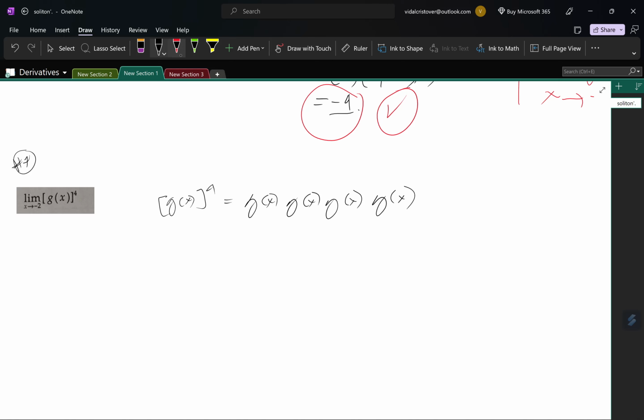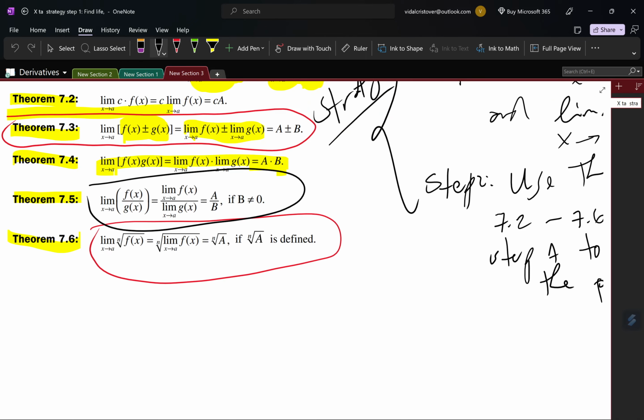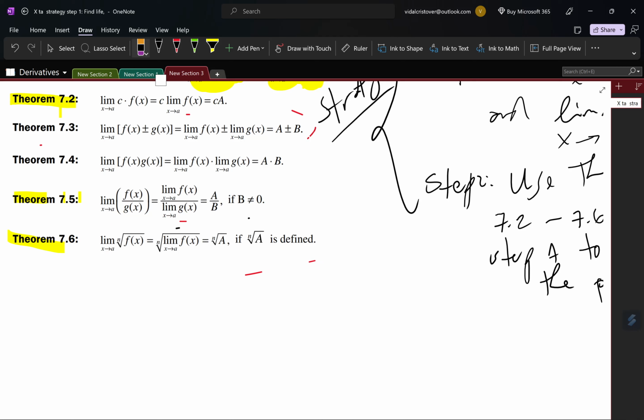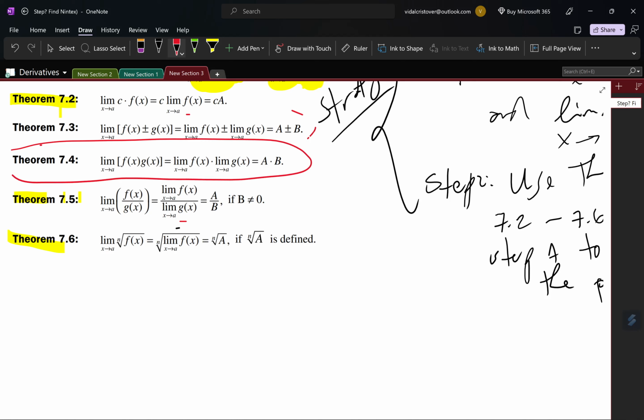Pero ang problema ani is kung moadto ta sa atong theorems nga gigamit last time sa atong previous nga first video about limits, ang atoang theorem is gi-apply lang siya sa duha lang ka function, f of x times g of x lang.